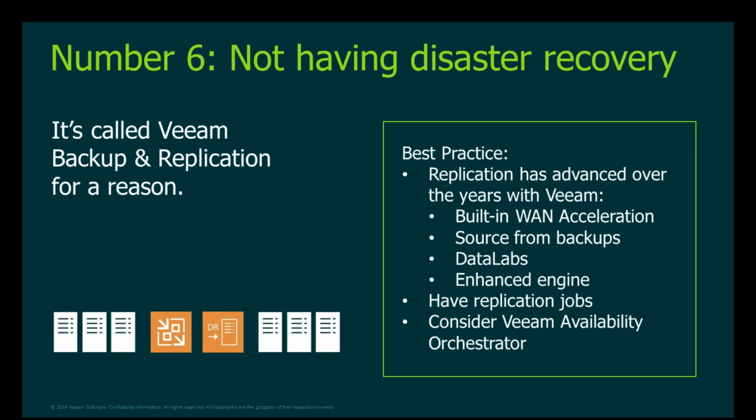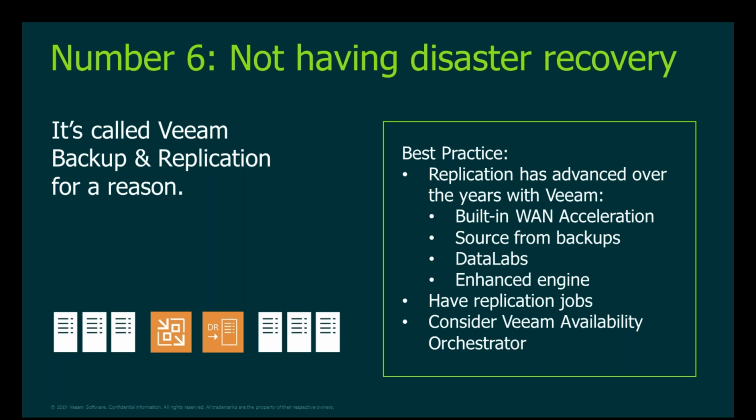But that's actually not a problem if we're reading it from the backup file. We don't keep our production virtual machine snapshot open very long. It's just the backup window, versus a replica might keep that open a very long time. This engine's improved over the years with every release, and then you also have some data lab capabilities to test on the other end that can really help you.